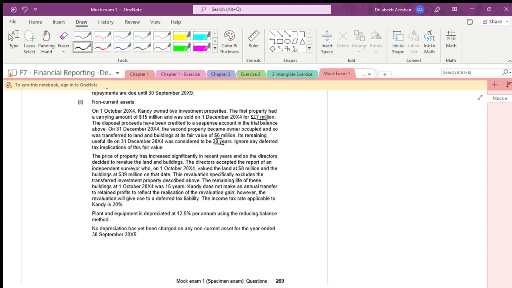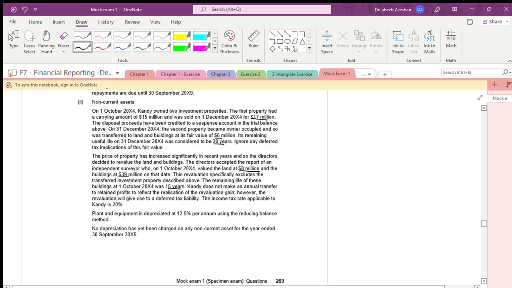The price of property has increased significantly in recent years, so the director decided to revalue the land and building. The director accepts the report of the independent surveyor. On 1st October, the value of the land is how much? 8 million. And the buildings is how much? 39 million. This revaluation specifically excludes the transferred property above. The remaining life of these buildings is 15 years.